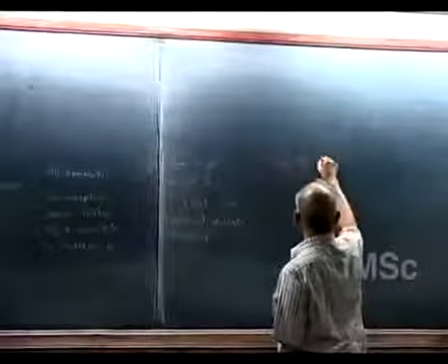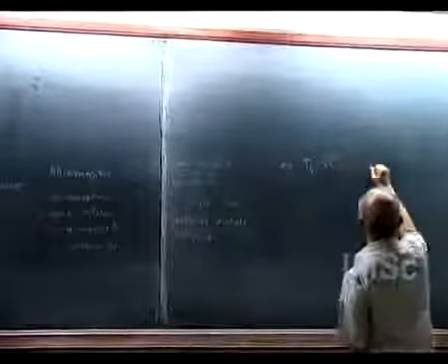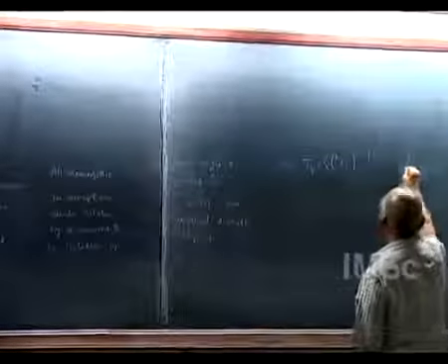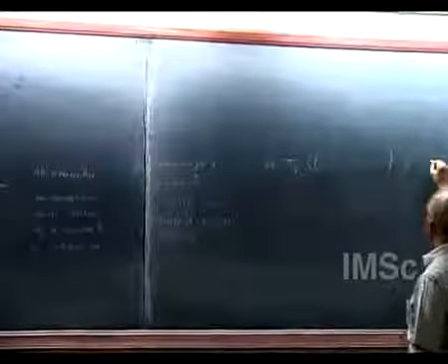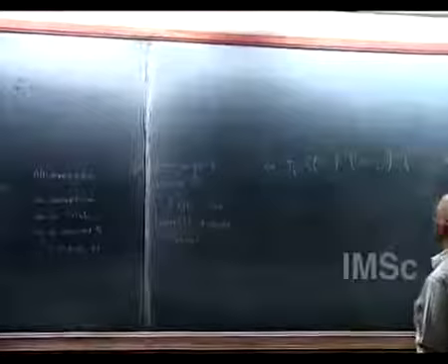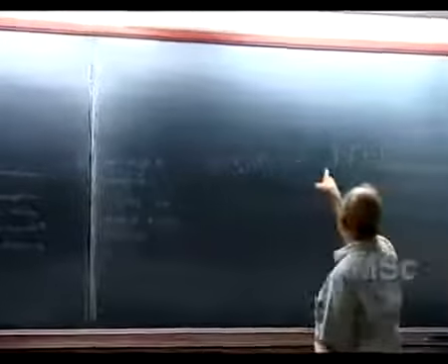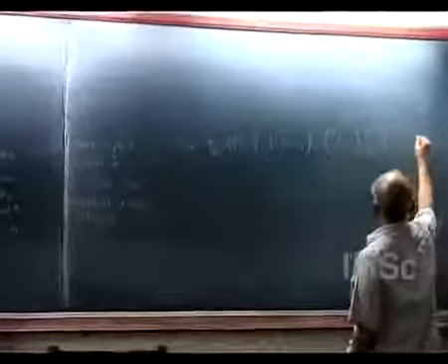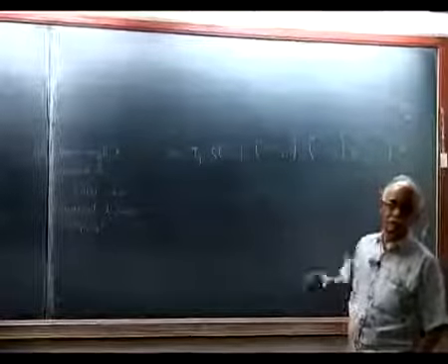So this consists of 4 elements: 1, 1, 1; determinant must be plus 1, so it will be minus 1, 1, minus 1. Then you have minus 1, minus 1. There is one more possibility: minus 1, minus 1, 1. This is a 4 element group.